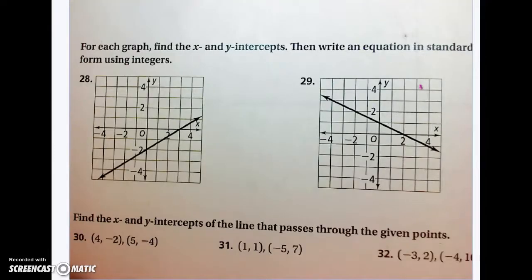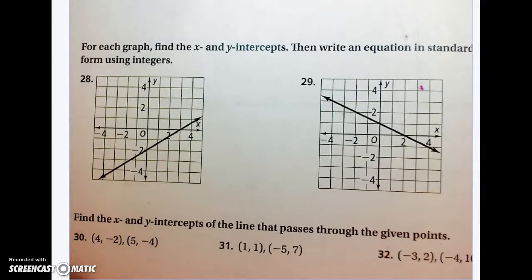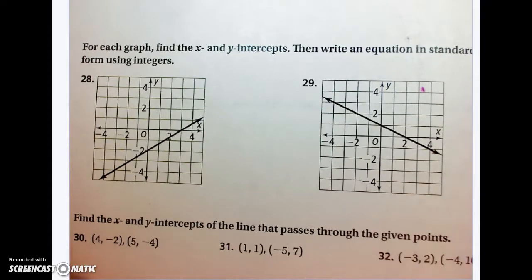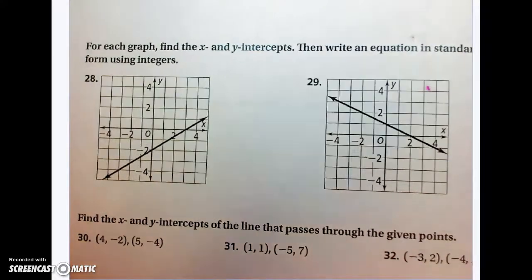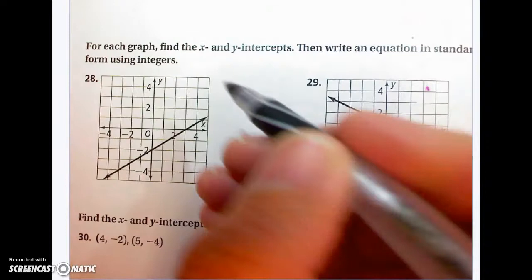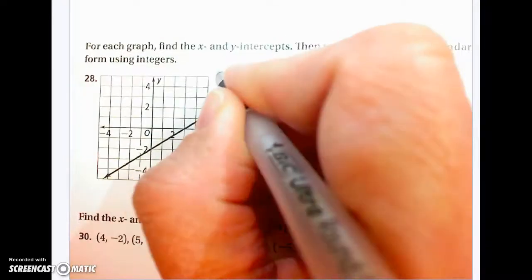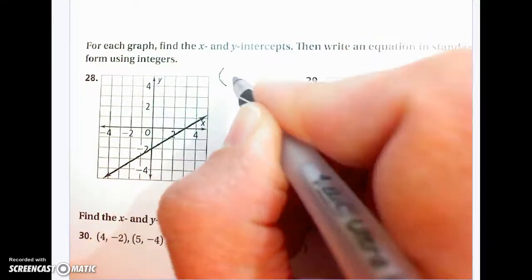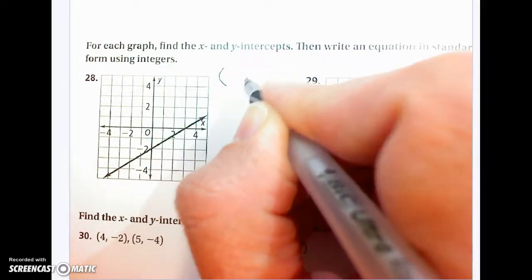Number 28. For each graph, find the x and y intercept, then write an equation in standard form using integers. So I can't have fractions in my equations, and standard form means x and y are both on the same side of the equal sign. Okay, so I need my x and my y intercept, so I need to make y 0.